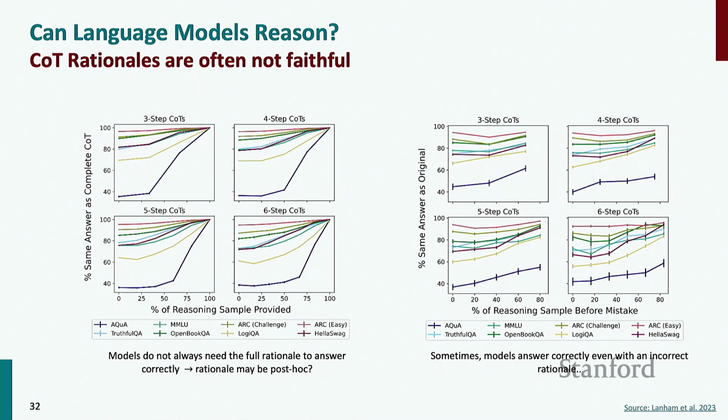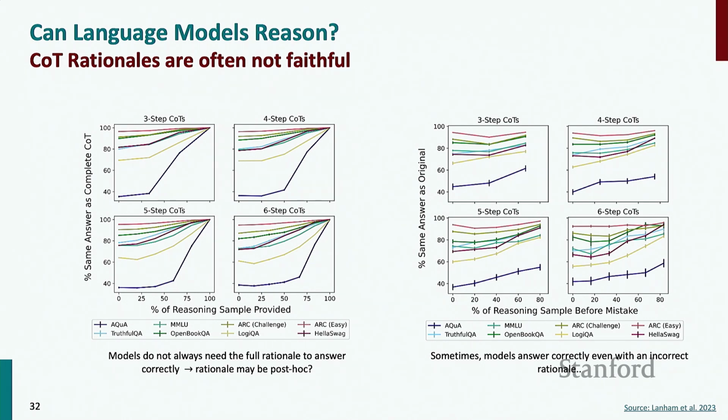So on the x-axis, we are looking at the percentage of reasoning steps before I add a mistake in the rationale. Okay, so what you should see is a strictly increasing trend, where if I add a mistake after the very first step, then that's probably going to change the answer a lot.